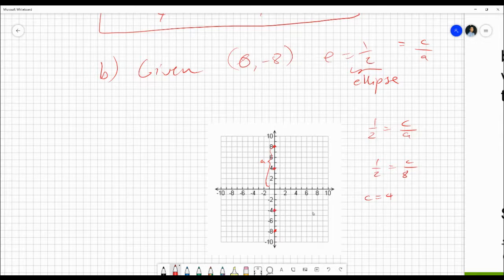So from there, we can determine what our B value is. Remember, A is our largest one here. A squared is equal to B squared plus C squared. And since I'm solving for B, A squared minus C squared is B squared.